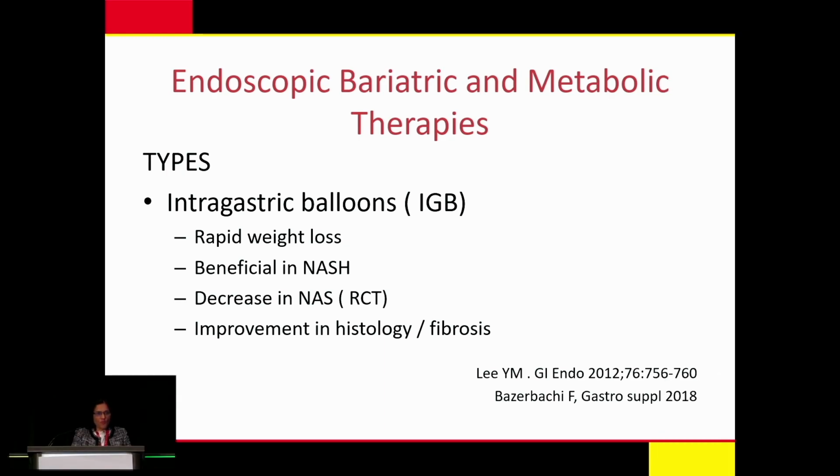I just want to talk briefly about endoscopic bariatric and metabolic therapies, which is a very new form of treating obesity. There are various types: intragastric balloons, which have been most studied in NASH, and they result in rapid weight loss, and have been demonstrated in a randomized clinical trial to decrease the NAFLD activity score.